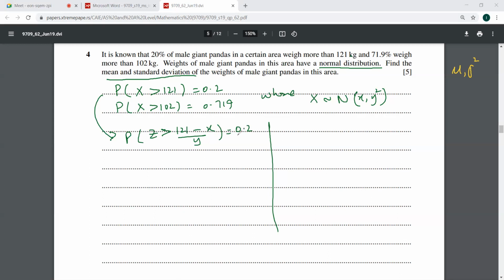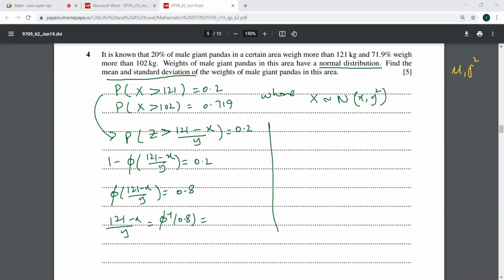If it was more than 0.5, then it would be a problem for us. So there is no problem with this. This is 1 minus phi of (121 minus x) over y, that is 0.2. So you have phi of (121 minus x) over y equal to 0.8, and this (121 minus x) over y is going to be phi inverse of 0.8. Let's find that quickly.